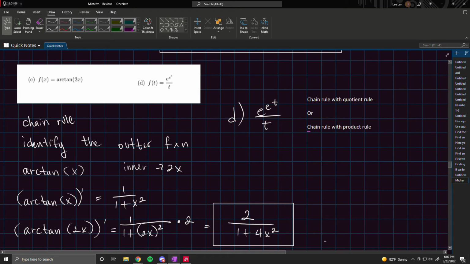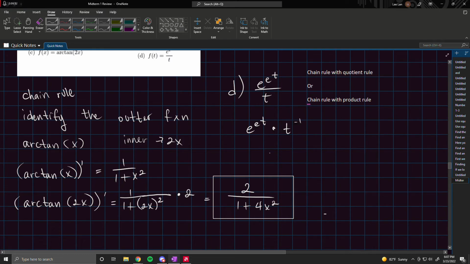I think these are the two ways: you could do chain rule with quotient rule or chain rule with product rule. I personally want to do chain rule with product rule because quotient rule tends to be a little more clunky and a little bit more work. But how do we rewrite this so that it can be product rule? Well, you just do this: e to the t times t to the negative 1.